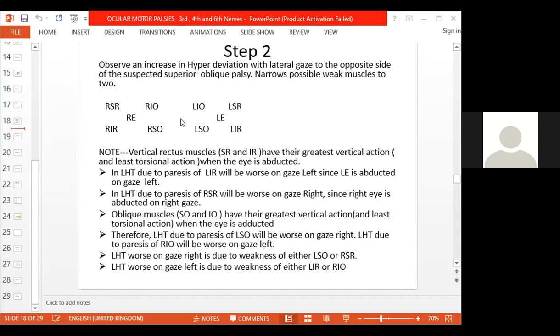Now, the deviation means that of the two eyes, one is higher than the other one. If we are looking, for example, at the vertical rectus muscles, superior rectus and inferior rectus, they have their greatest vertical action and the least torsion when the eye is abducted.